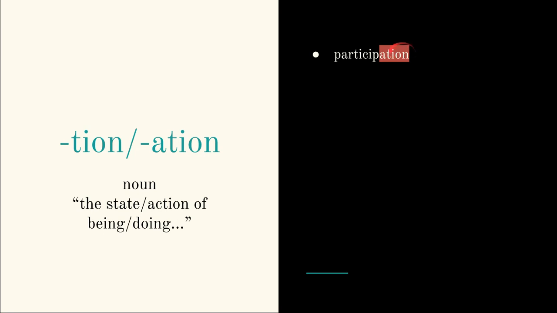Okay, it's the act of participating. Population is like the state or number of people in the population. Satisfaction is like the state of being satisfied or happy with something. Completion is like the state of being done. So you say, I've completed it, I've reached completion. It's the thing you do.